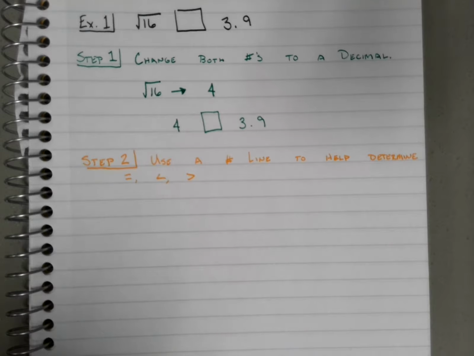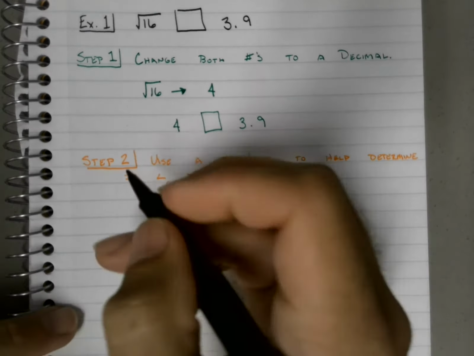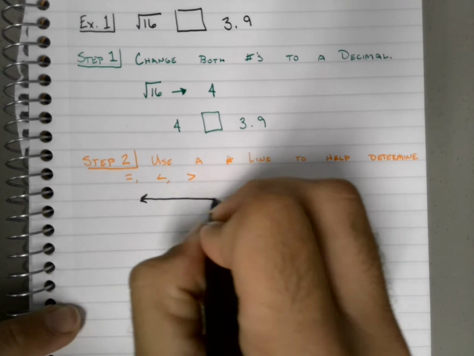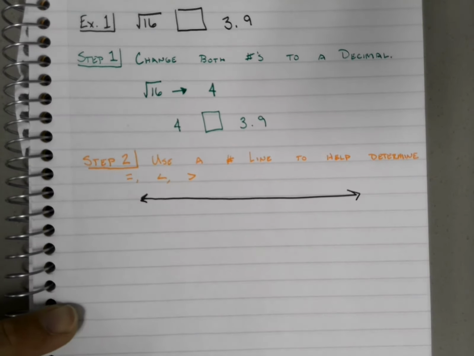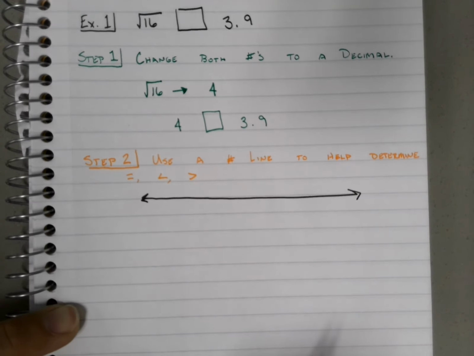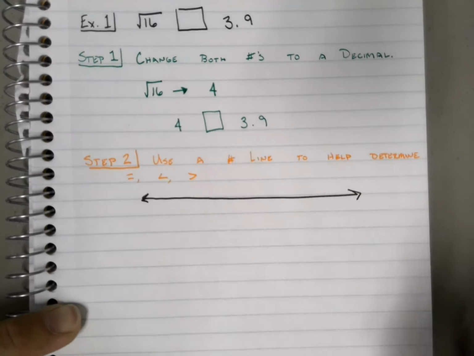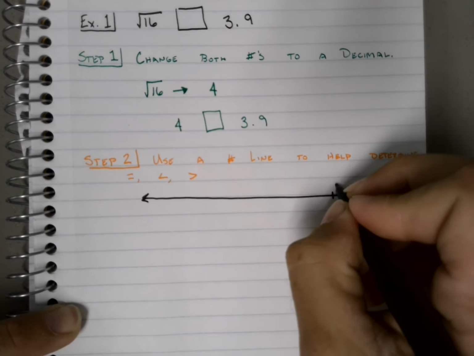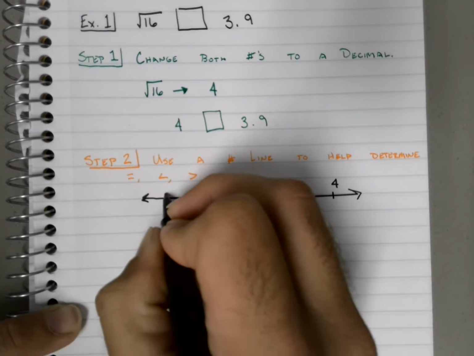So if I draw a number line, on your number line, you need to look at the two numbers we're comparing, 4 and 3.9. Which one of these two numbers is the greatest? Well, 4 is bigger than 3, so my number line can go to 4. I know there's a 3.